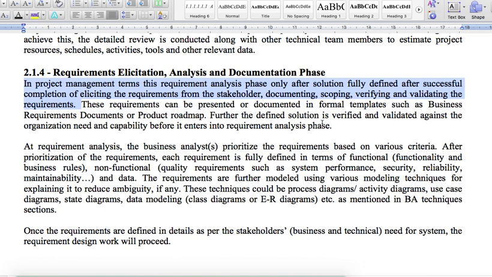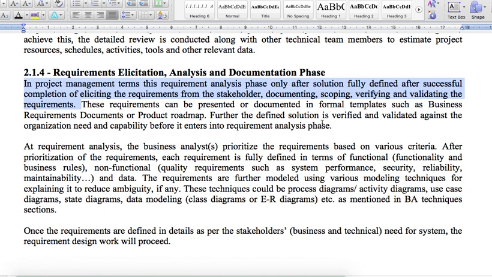But when we talk about scoping, verifying and validating, scoping basically means that when we receive the requirement from the stakeholders, we may receive the actual need for that particular project and also the desire.